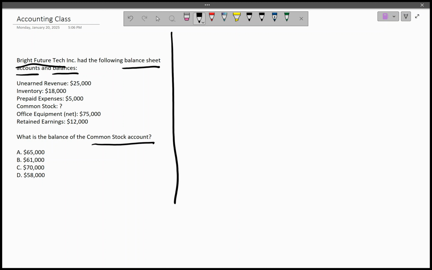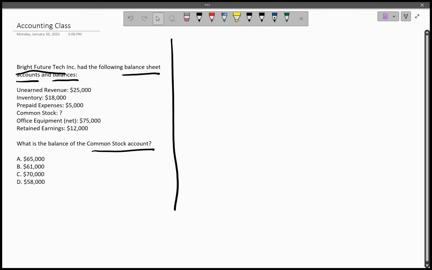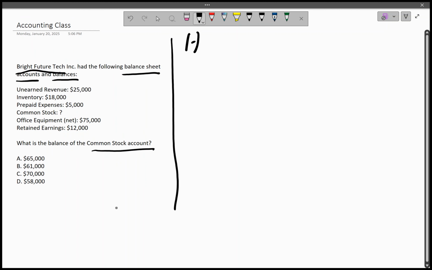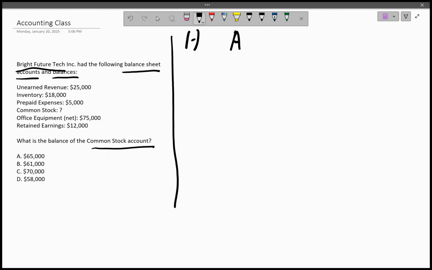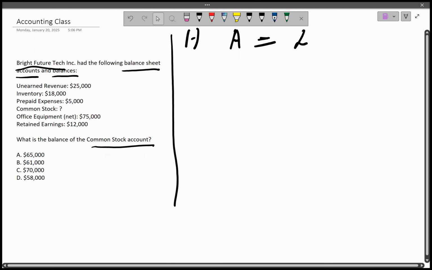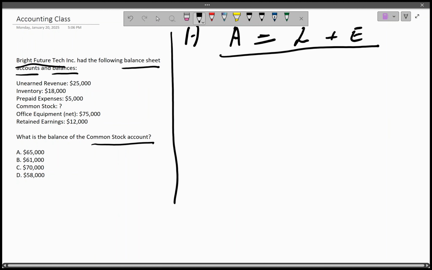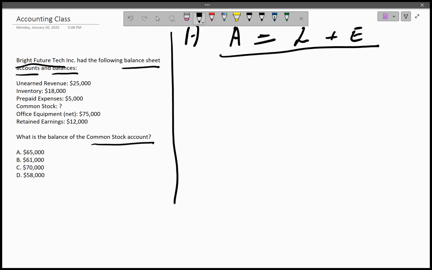So we know that you need to know two things. First, you need to know the accounting equation: asset equals liability plus shareholders' equity. The assets of a company come from two sources: from debt or from the owners.